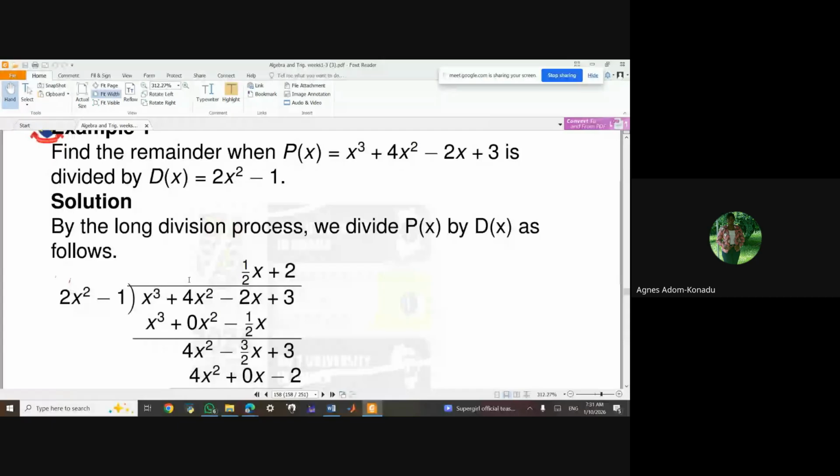You multiply the 2S squared by the half S, which will give you S cubed. Then you multiply the negative 1 by this half, which will give you negative 1 over 2 S. Okay, so let's see how we do it.